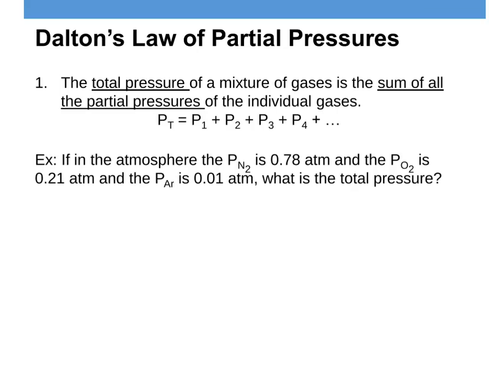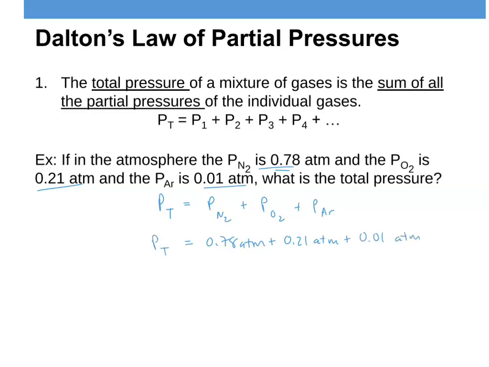Well, I'm just going to take this equation here, saying that the total pressure is the partial pressure of N2 added to the partial pressure of O2 added to the partial pressure of argon. So I literally just need to go up here and see that nitrogen is 0.78 atmospheres, O2 is 0.21 atmospheres, and argon is 0.01 atmospheres.